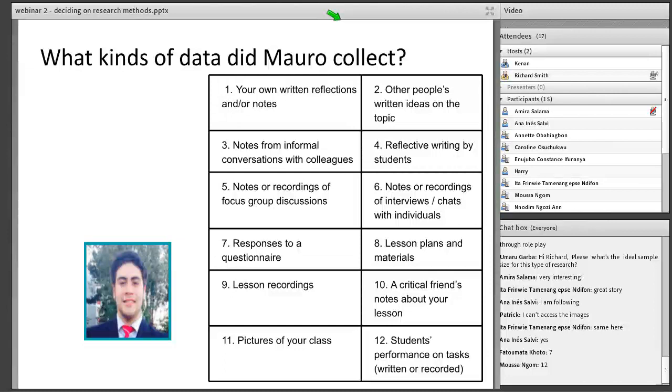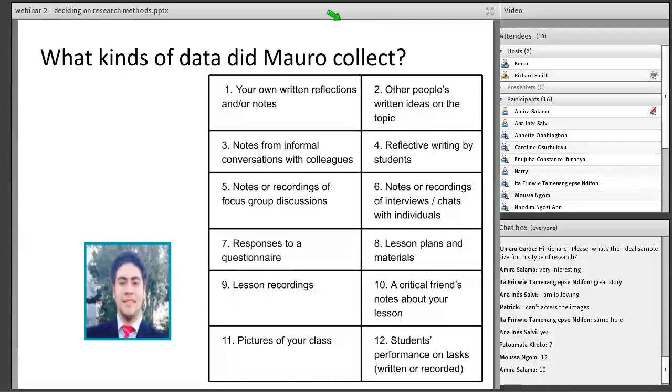You said 7, which means responses to a questionnaire. That's right. He gave a questionnaire. Nissa, yes, you're right. Actually, in the sense later on, right at the end, he did look at their performance. In some way, he was looking at their performance, wasn't he? But it wasn't so much how well they did in their work.